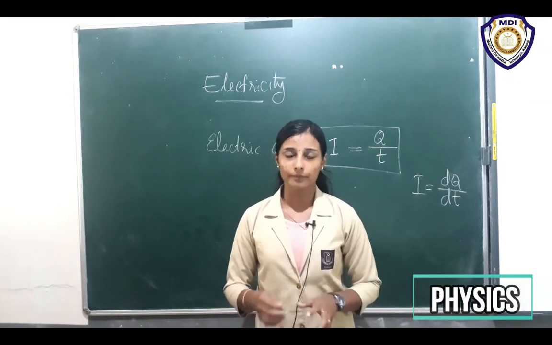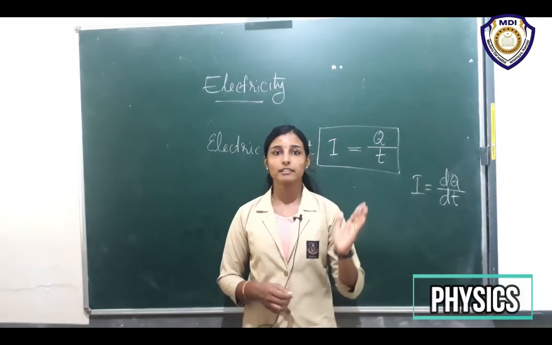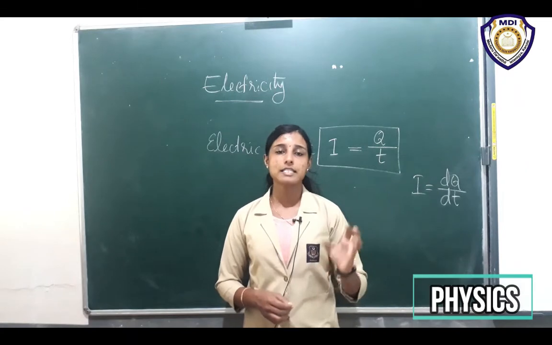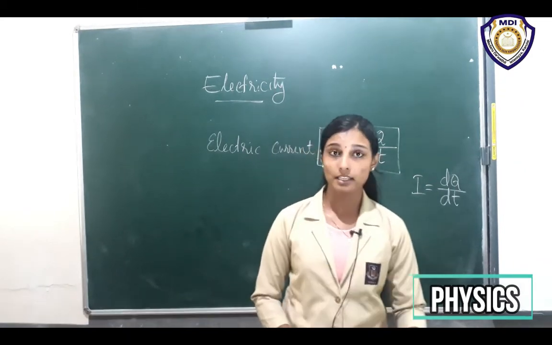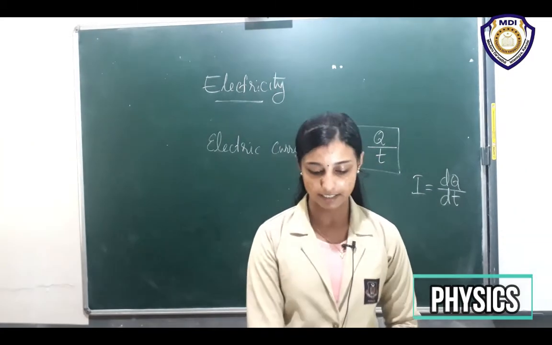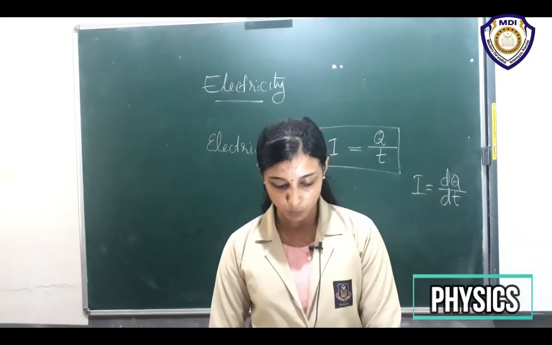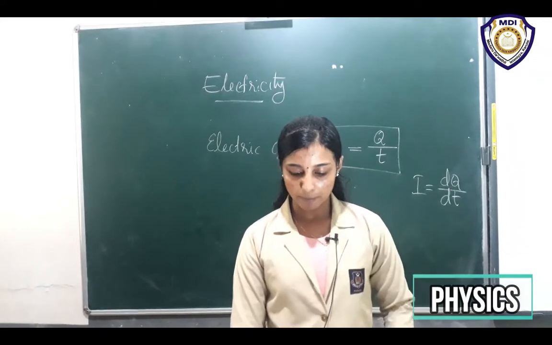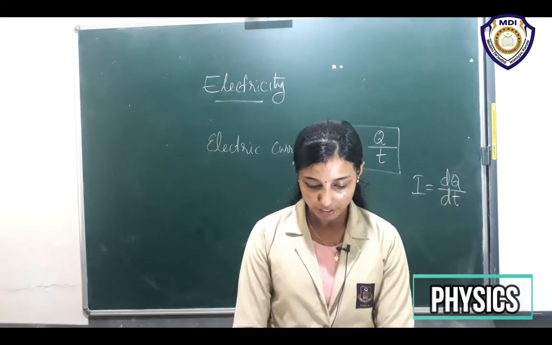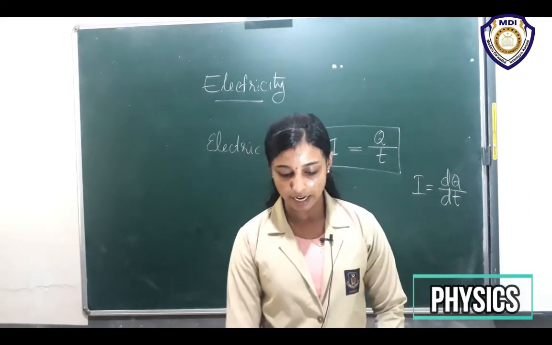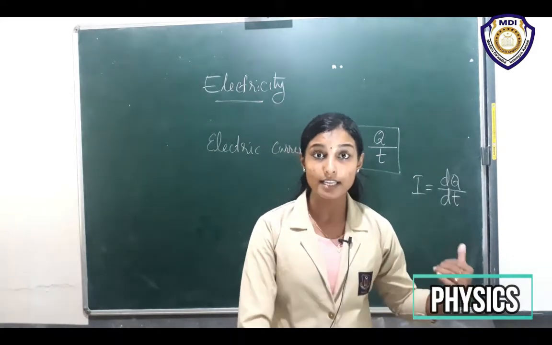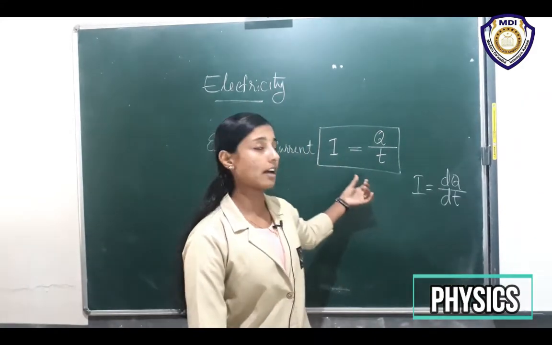So if the electric charge flows through a conductor, for example through a metallic wire, we say that there is an electric current in the conductor. That is, electric current is the flow of charges.